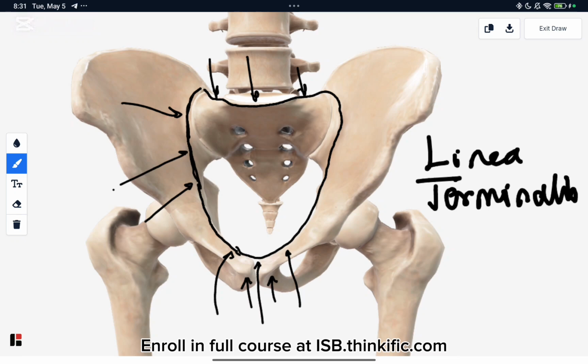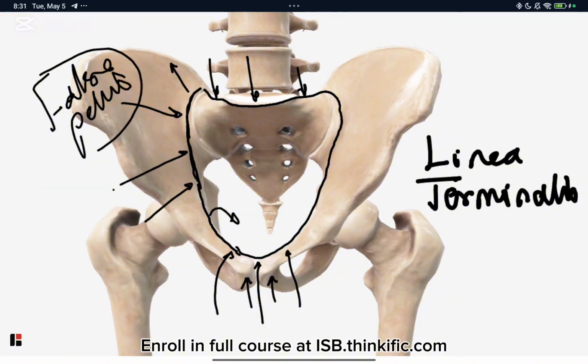A compartment above it, which is called the false pelvis, and a compartment below it, which is called the true pelvis, the true pelvic cavity. The false pelvis is actually a part of the abdominal cavity.